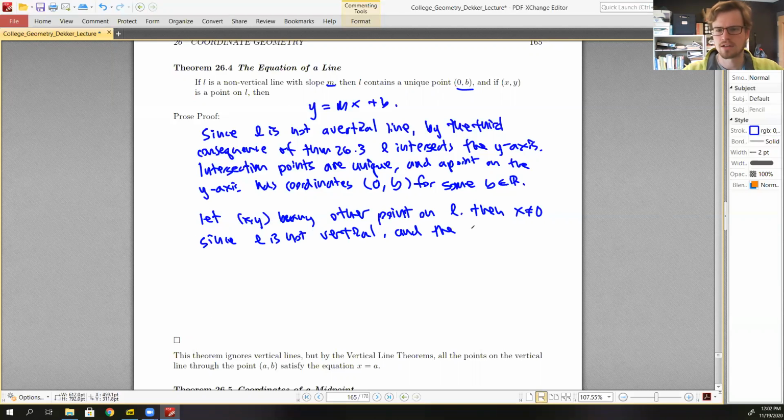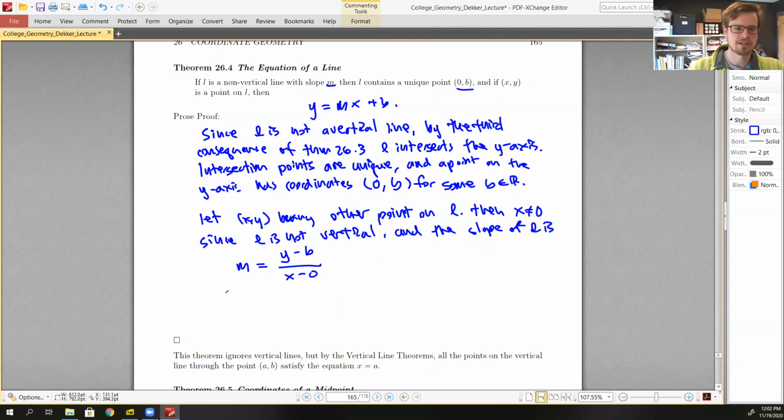And the slope of L is, well, we already said that it's m, but we can calculate that using the two points. So we would have y coordinate minus y coordinate, so y minus b, divided by x coordinate minus x coordinate, x minus 0. Cool.